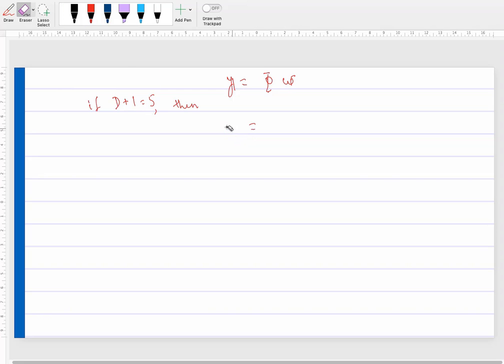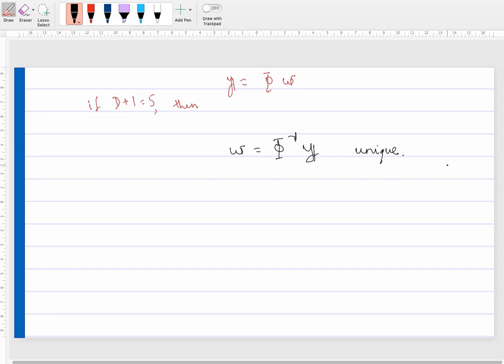My goal is to find the value of w, right? What will be my w then? w is equal to phi inverse y. Unique solution.